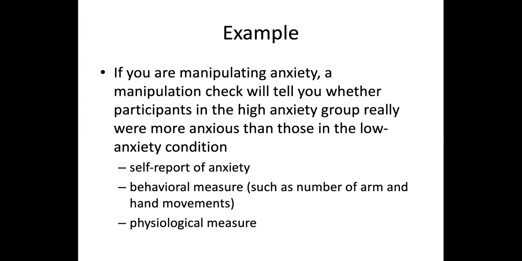You can count how many times they have moved their arm or hand. Or you can have a physiological measure of anxiety. You can have their skin conductance measured or their blood pressure measured. And then you can have a manipulation check that your manipulation was successful.